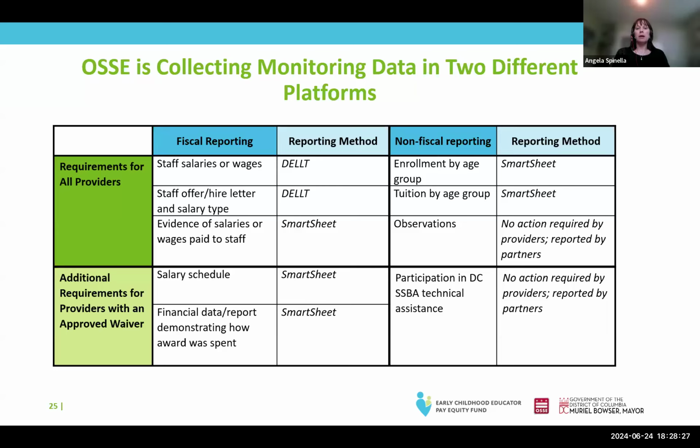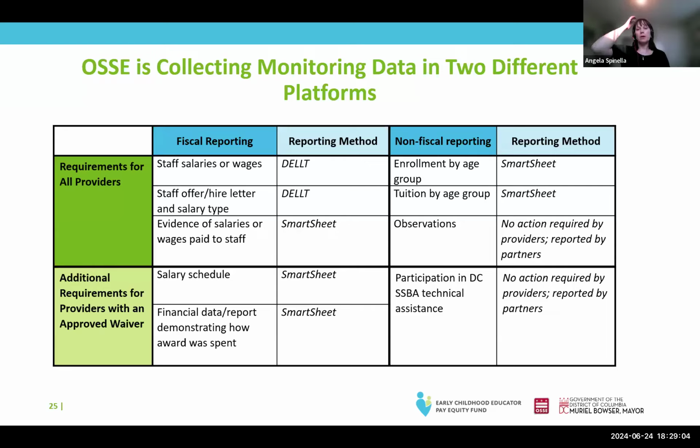We have selected these platforms in an effort to collect data efficiently, given the functionalities and limitations of the current DELT system, while also ensuring that all platforms used to collect data are secure and protect the privacy of personally identifiable information shared by child care providers about their businesses and staff. As we continue to implement the Early Childhood Educator Pay Equity Fund, we will also work to improve and refine our reporting systems.